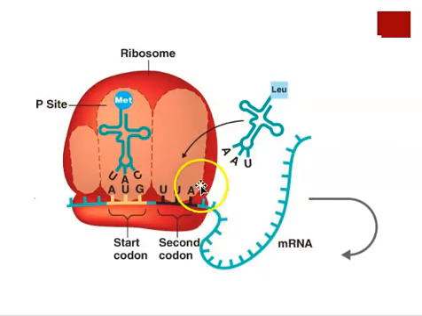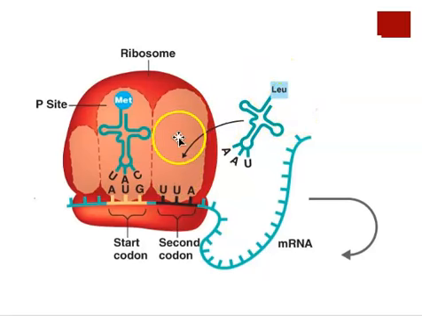Notice that the second codon, the one that they're showing us in black, sits right underneath this hollow chamber. And another tRNA is coming in. For the second codon, UUA, we need an anticodon that reads AAU, and that's what this tRNA has. So it's going to come in and land here and bring in its amino acid, which is leucine.